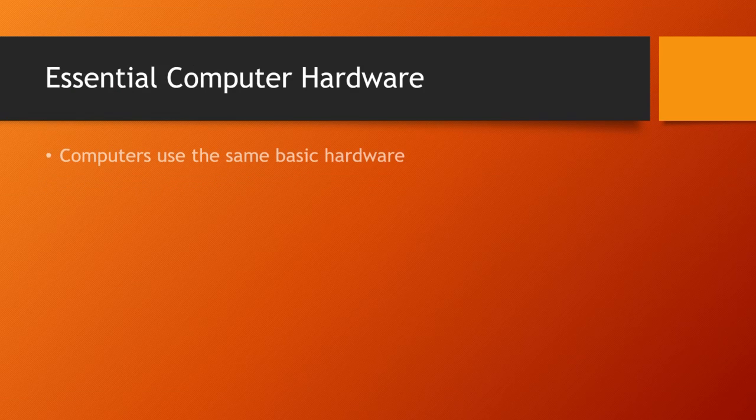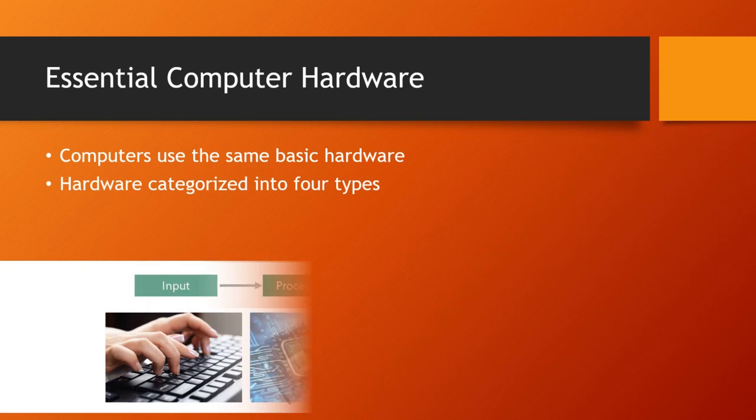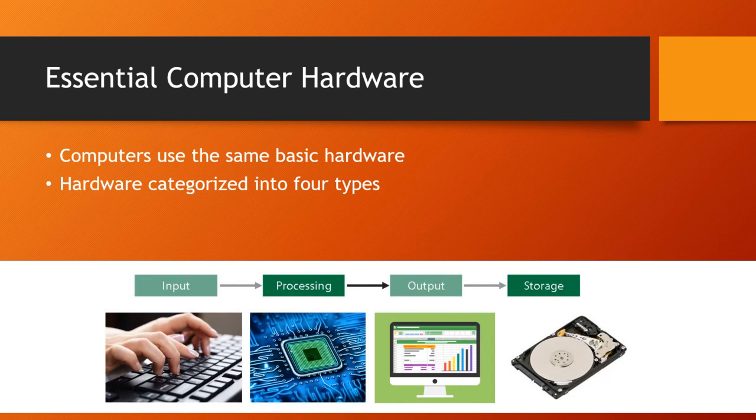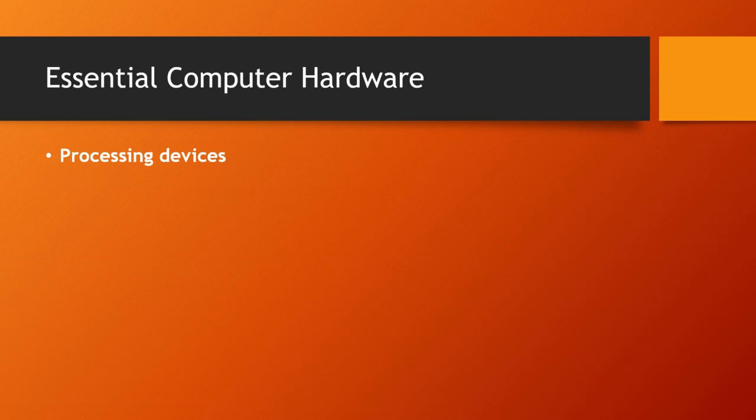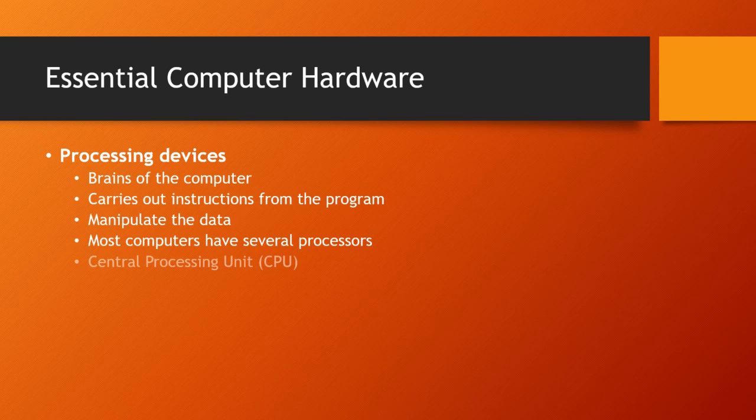Computer hardware. Computers use the same basic hardware. Hardware is categorized into four types. Similarly, we have the input hardware, the processor hardware, the output hardware, and the storage hardware. The processing device is the brain of the computer.